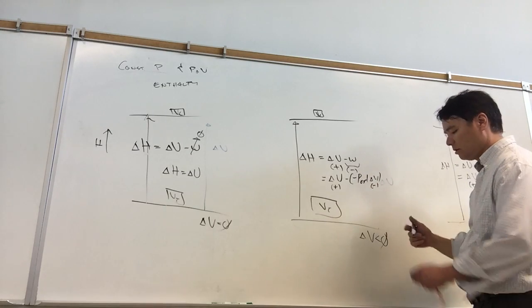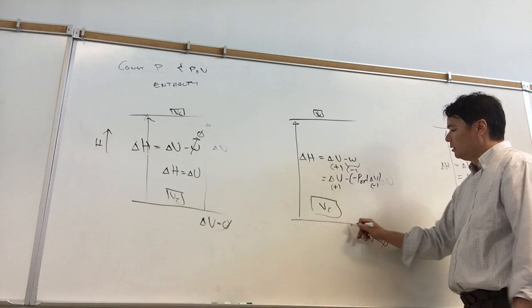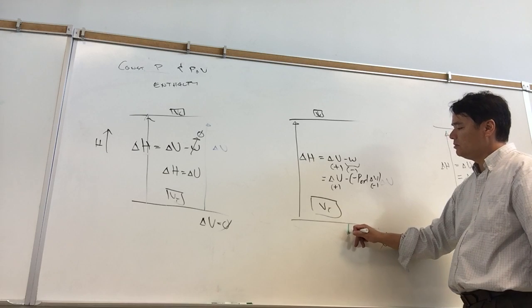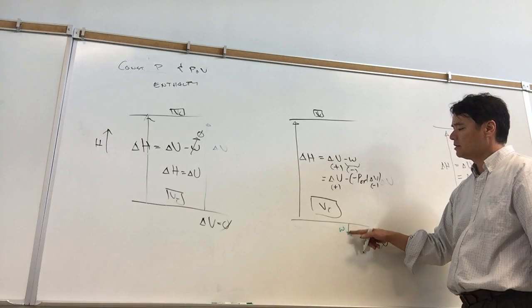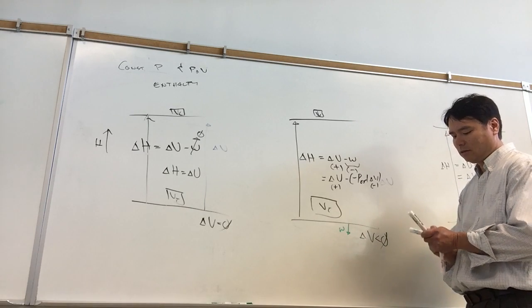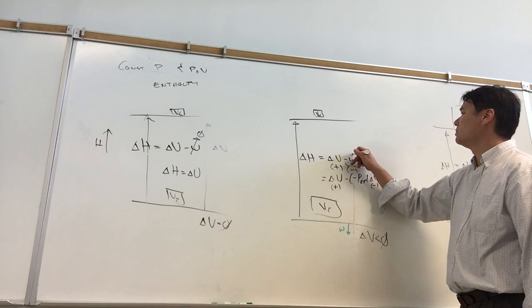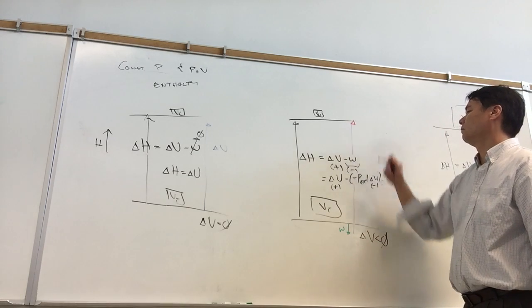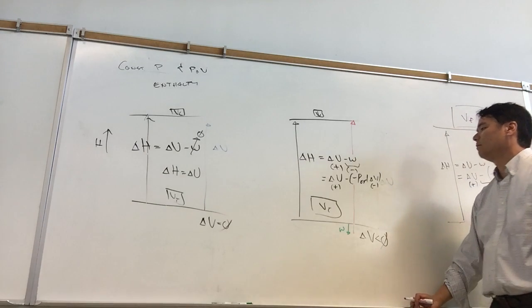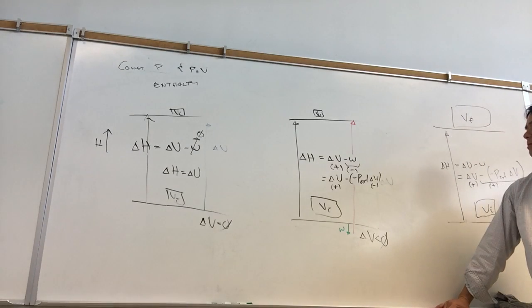I should have written it out earlier. And so the system has to lose energy doing work, right? The system loses energy doing work, which means the amount of heat you have to input is greater.